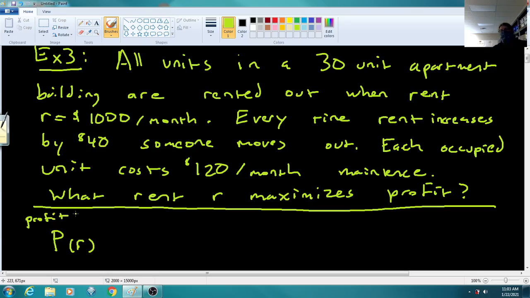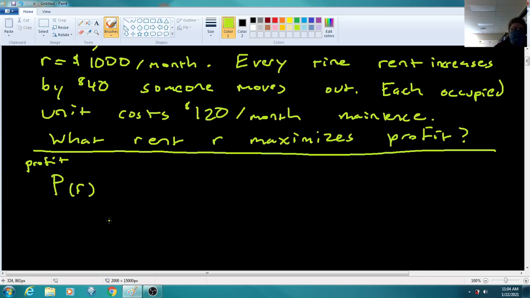So we're going to figure out, at a given rent, how many people are in the unit, and then multiply the number of people by the rent minus the $120 maintenance.